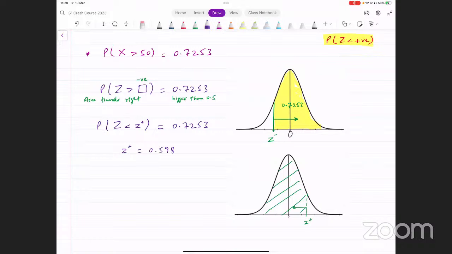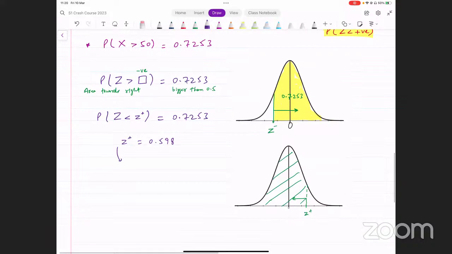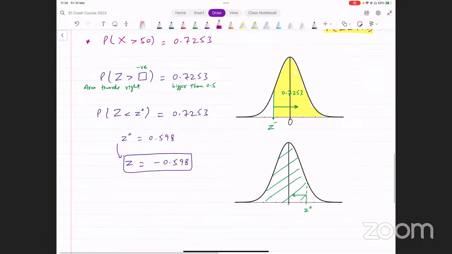0.598. But remember, this is the positive value of z. Z was actually supposed to be negative. So what you do is you say z is equal to minus 0.598. The actual value of z here is minus 0.598. And when you use the formula now, you will be inputting this value of z in the formula.